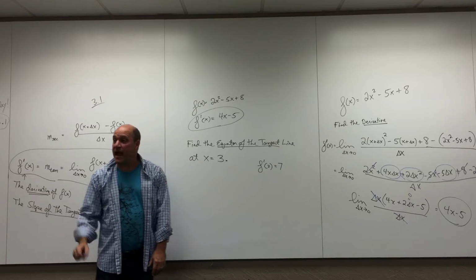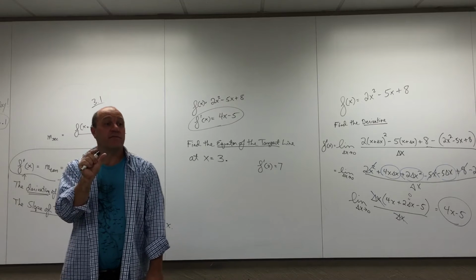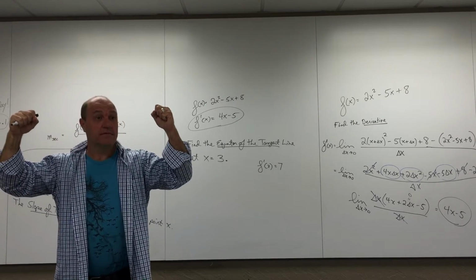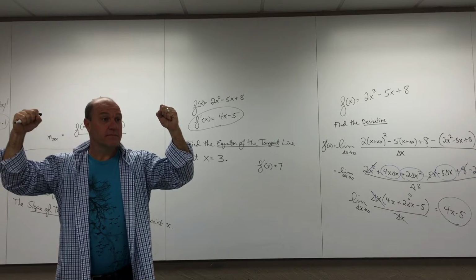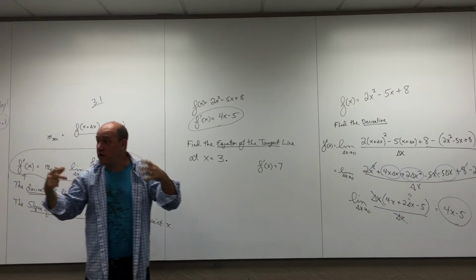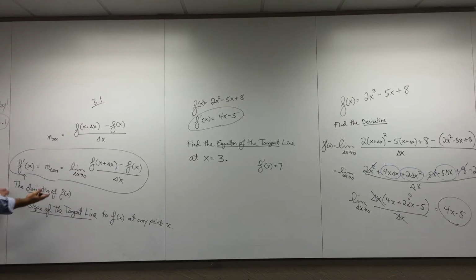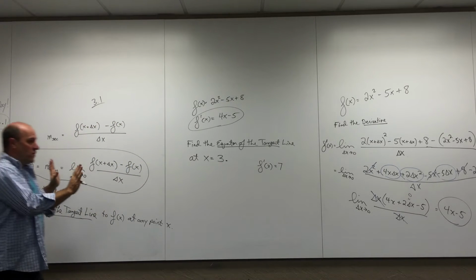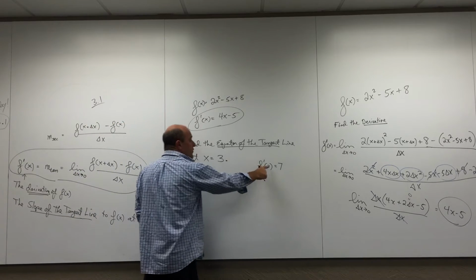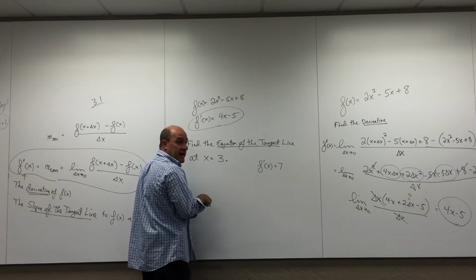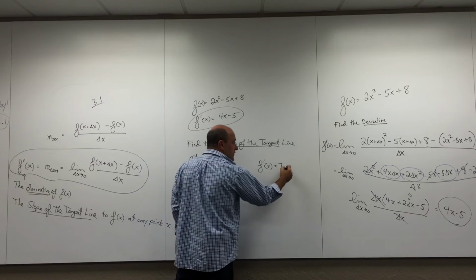No, that's not your y. I plugged 3 into the derivative, so that's your slope. The derivative is a formula for the slope of the tangent line. So when I plug the 3 into the derivative, that's me finding the slope at this point. I'm using the derivative to find this, so this is the slope.